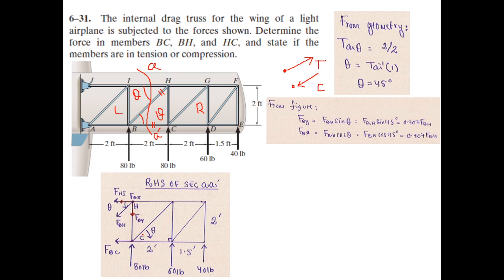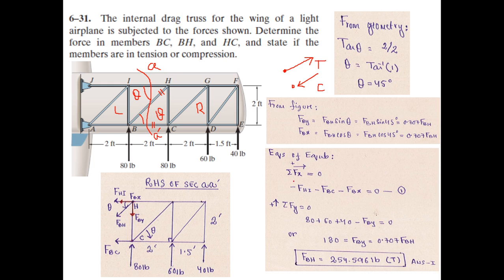So now since we have the value of angle theta, we have resolved this BH. We can apply the remaining equations of equilibrium, and the remaining equations are summation of Fx, summation of Fy, and the moment equations. So if you sum the forces in the horizontal direction, you will have minus Fhi, minus Fbc, and minus Fbx, because this one is acting in this direction, and the x component of Fbh is acting in this direction as well, and this Fbc is also acting in the negative direction.